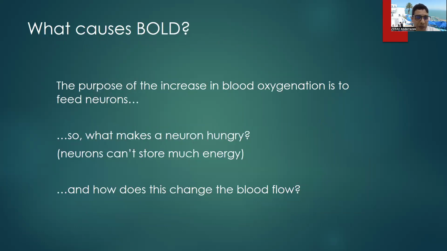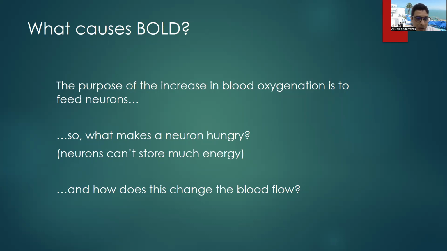So what's the cause of BOLD, the blood oxygenation level dependent signal? The purpose of the increase in blood oxygenation is to feed neurons. So what makes a neuron hungry? The brain's consumption of glucose and blood is around 25%, just to keep in your mind, while the mass of our brain is only 2% to 3% of our body.